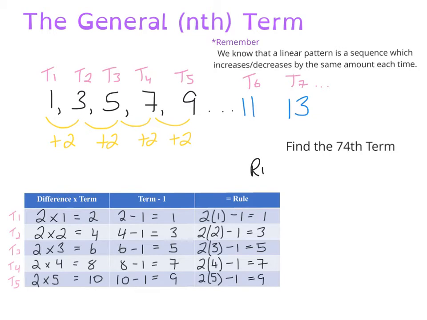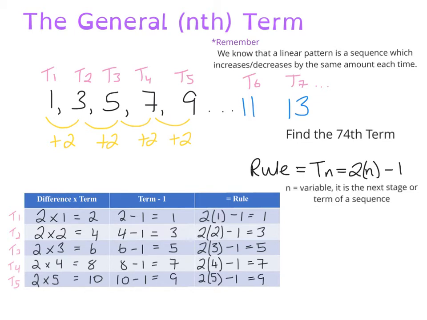So our rule is that Tn equals 2 times the term n take away 1. And n is a variable. That means that n is whatever term we're looking for, and in this case we're looking for the 74th. So n is 74. So let's fill that in now.